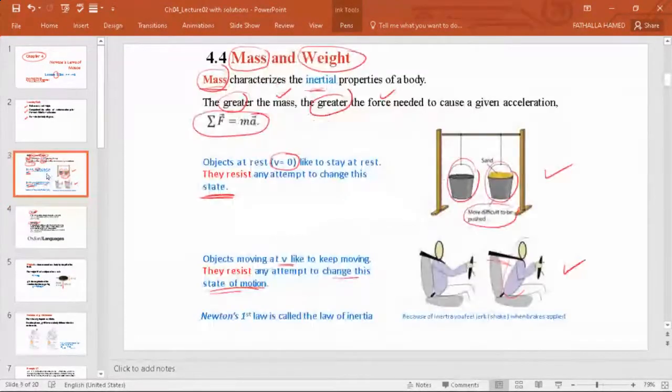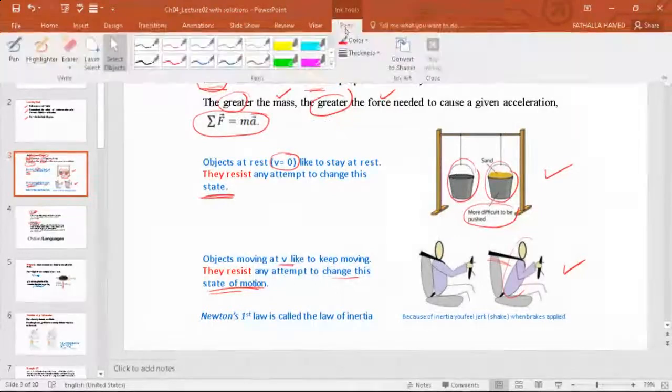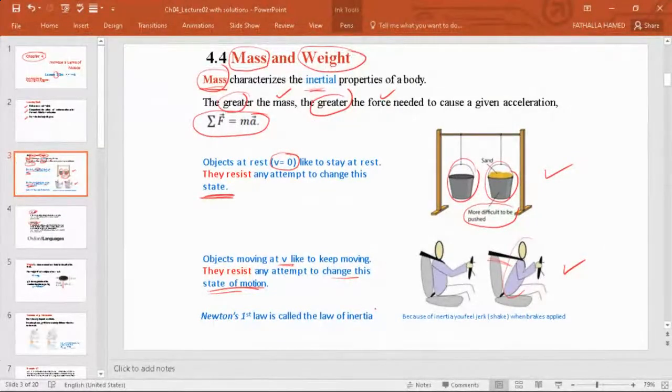And that's why here we said Newton's first law is called the law of inertia. So inertia basically tries to resist any attempt for a change. And it's a property of what? A property of mass, or as the definition that I showed you, it is a property of matter. So that's what a mass is.